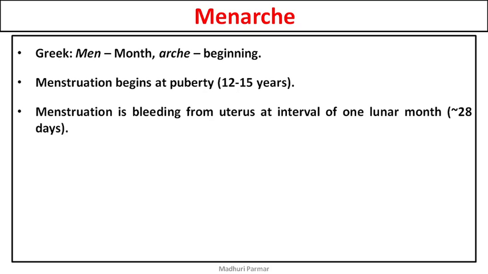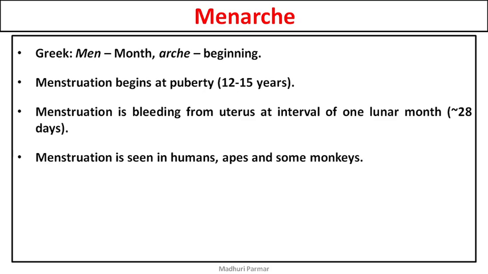What actually is menstruation? It is bleeding from the uterus. Okay, जो endometrium का layer है जो मैंने आपको मार्क करके दिखाया था, तो उतना पोर्शन endometrium का bleed होके निकल के बाहर आ जाता है. Okay, so menstruation is bleeding from the uterus at an interval of 1 lunar month. Lunar month मतलब moon की cycle अगर आप देखो तो it is around 28 to 29 days.